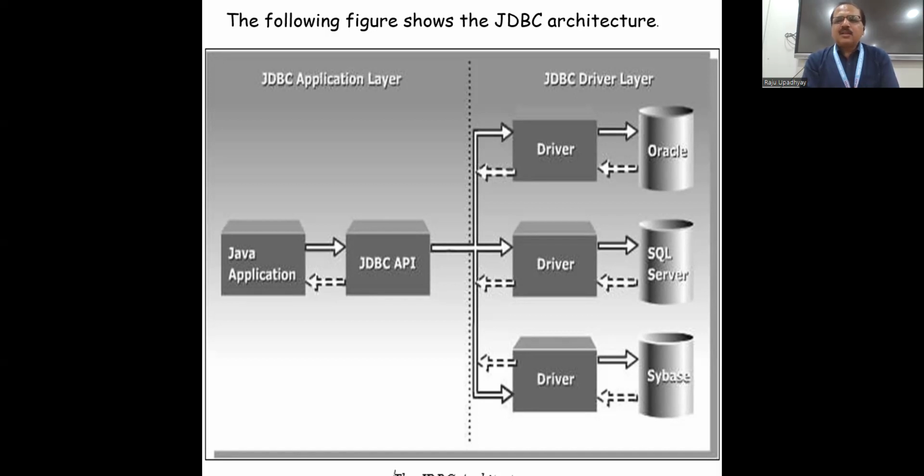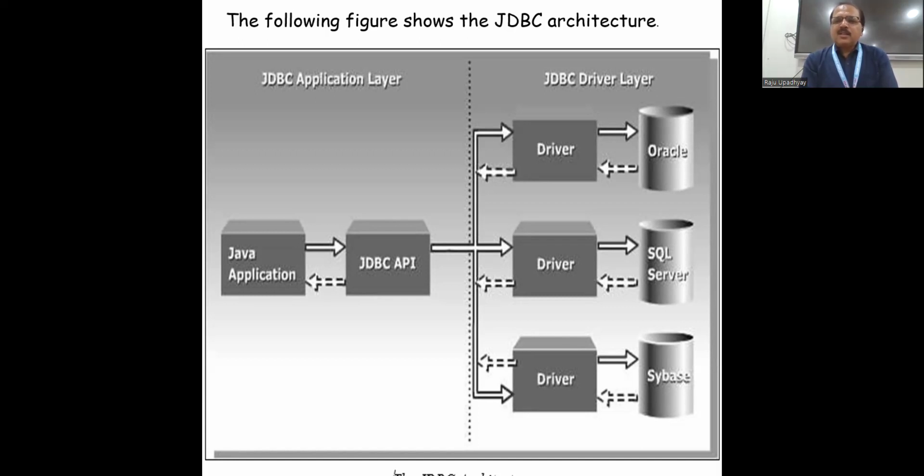In this way, the request comes from the user side. Obviously, the user is using the Java application. It goes via the JDBC API to the database driver, right? And the database driver converts the user request into a form which can be understood by the database.